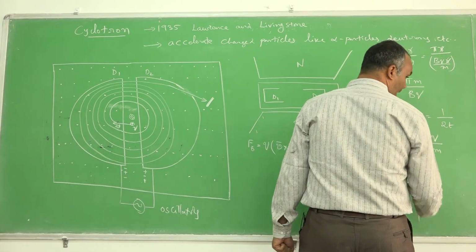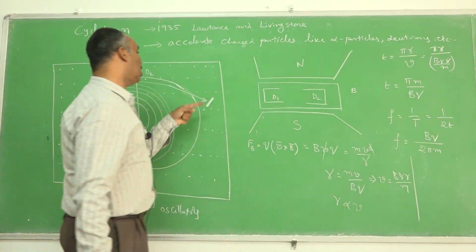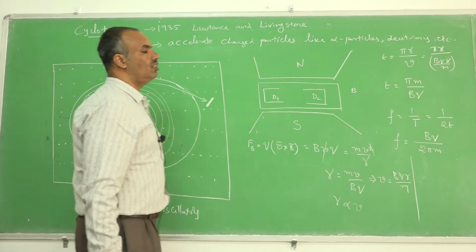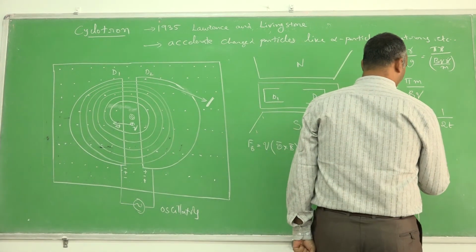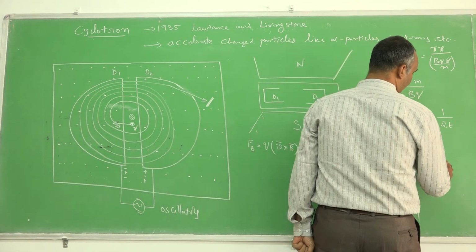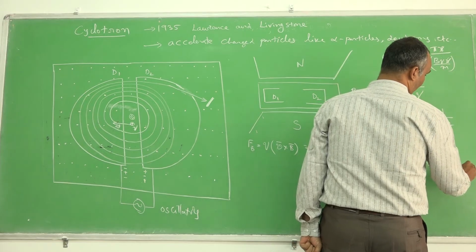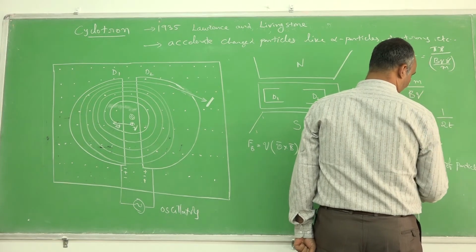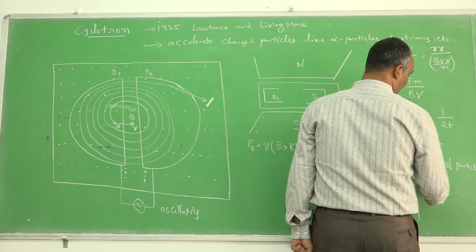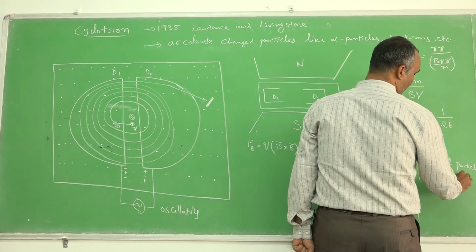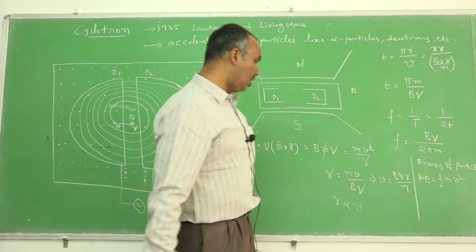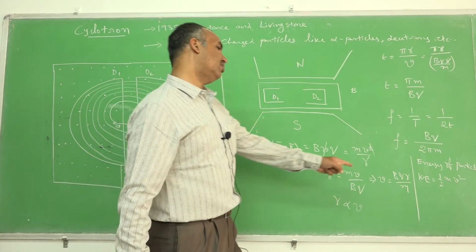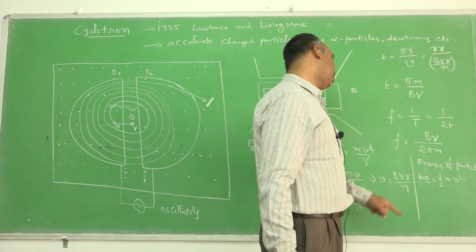Similarly, if you want to calculate the energy of the particle with which it is coming out, energy means every moving particle possesses kinetic energy. So the energy of the particle, nothing but kinetic energy, is given by half mv square. m is the mass of the particle, v is the velocity. Velocity we just calculated as bqr by m.